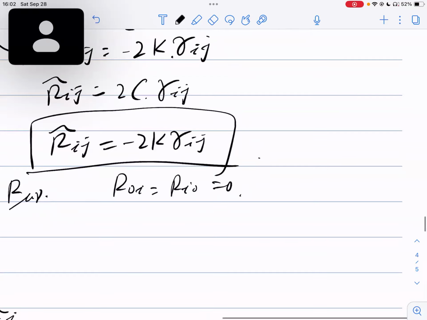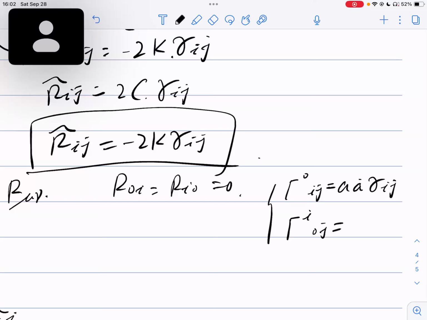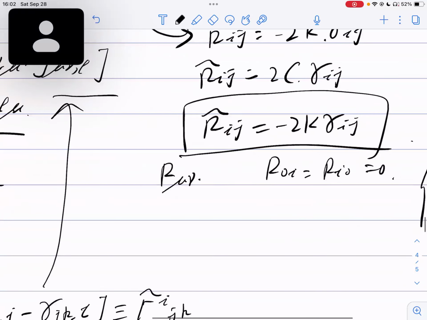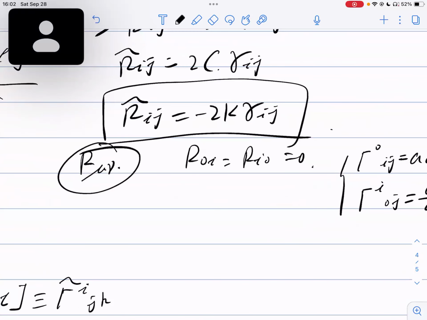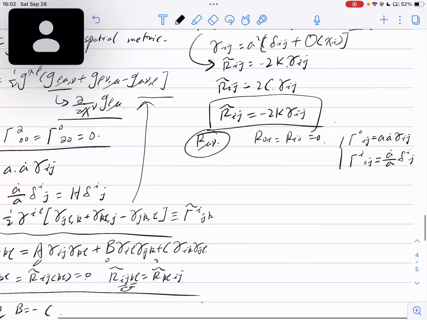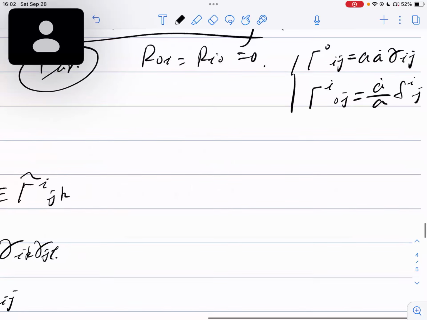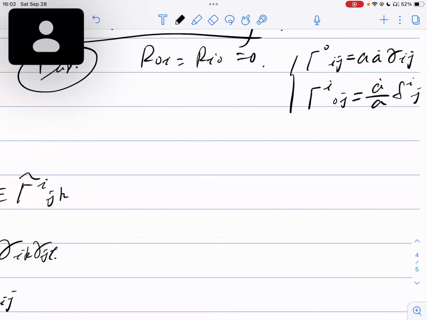Recall the Christoffel symbols we calculated from the FLRW metric: gamma i0j equals a dot over a delta ij. Now we can calculate this in general, substitute it in the Einstein field equation and obtain the dynamics equation.